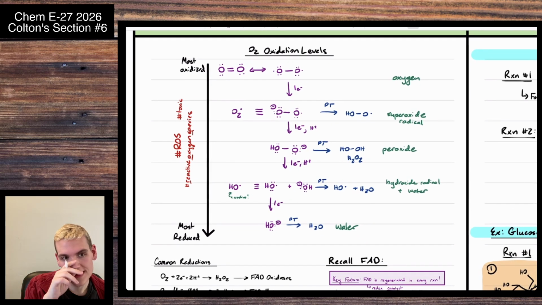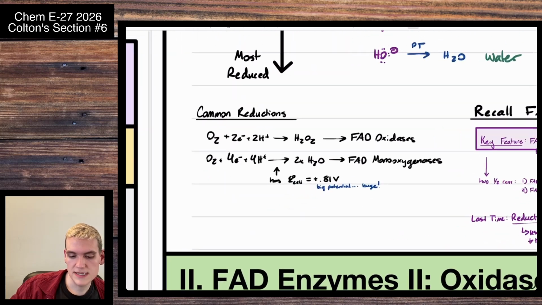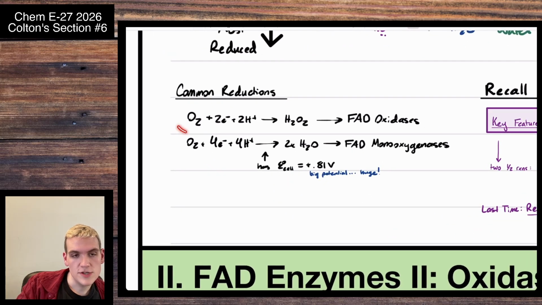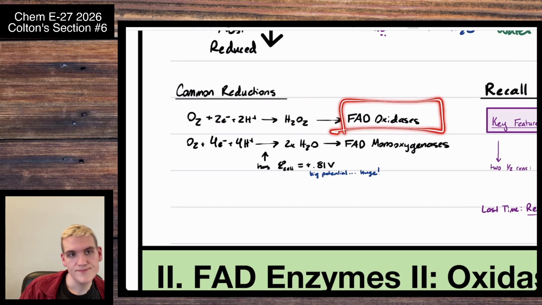So we have our O2 oxidation levels, and then commonly for the enzymes that we're talking about today, we are going to be reducing O2 either to H2O2, to peroxide, and that's going to be in total a 2 electron reduction. And this is what happens in FAD oxidases.